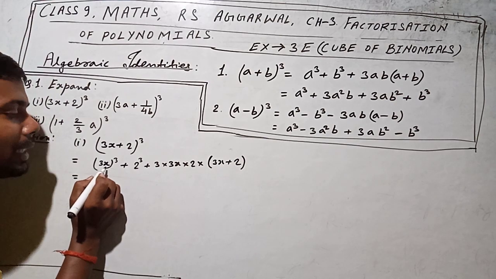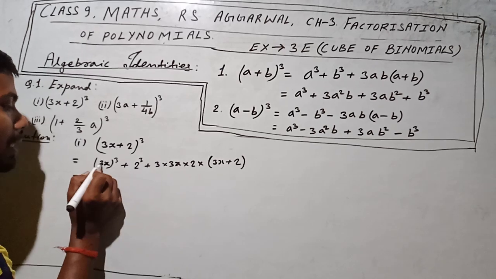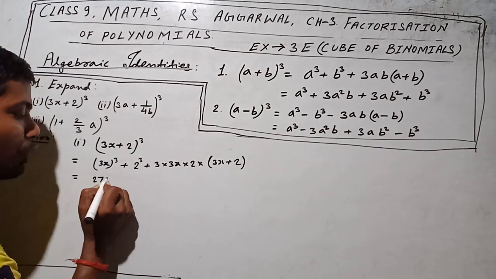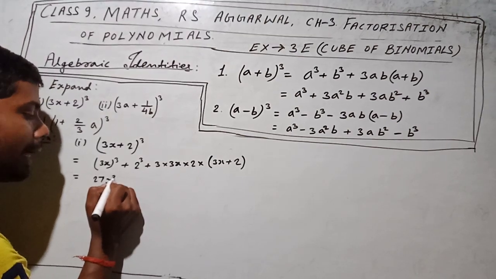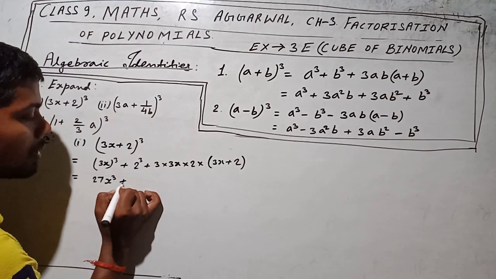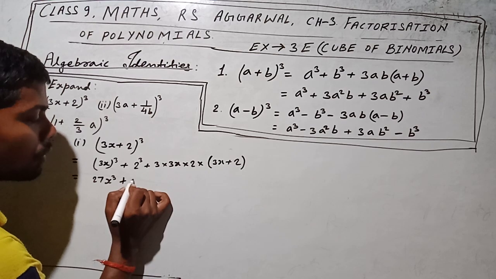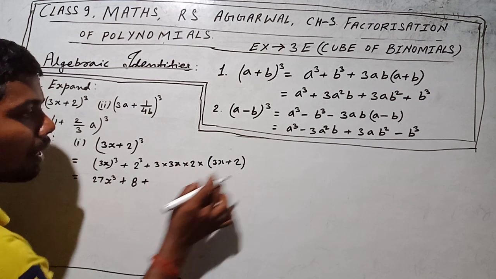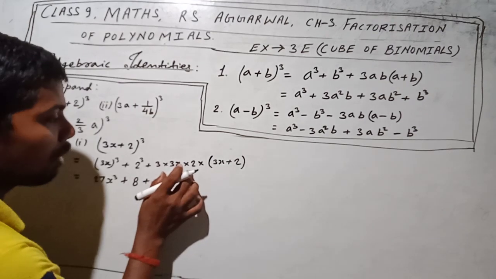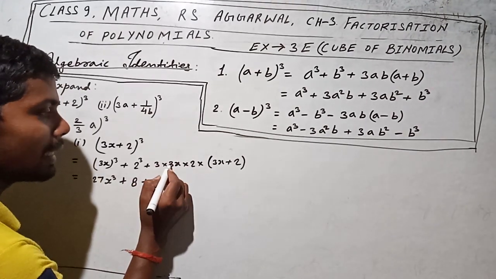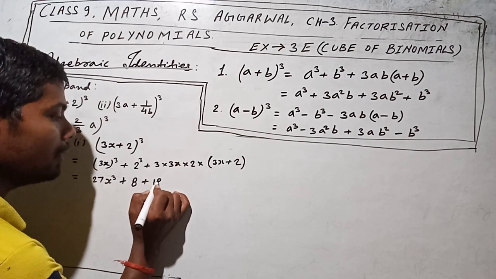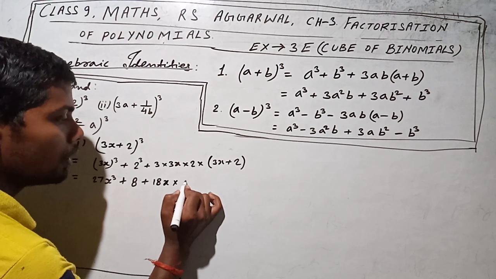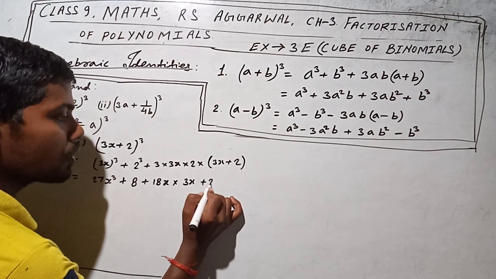Now we will simplify it. If you cube 3x, what will we get? Cubing 3 we get 27, and cubing x we get x cubed, plus 2 cubed is equal to 8, plus these are in the multiplied form. Their product is 3 threes are 9, 2 nines are 18, x into (3x plus 2).